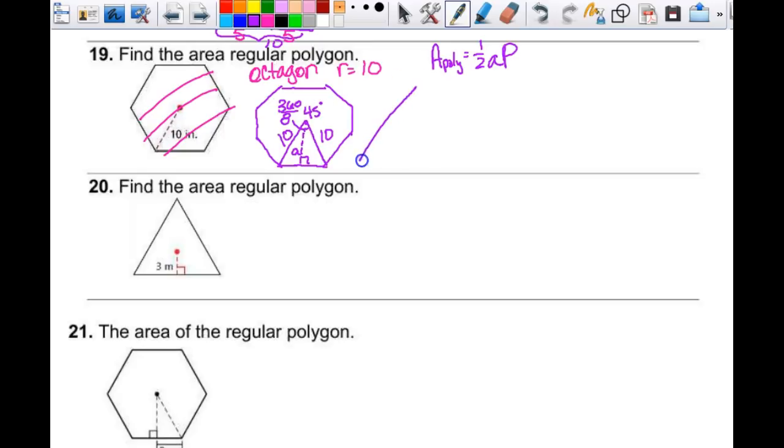So I'm going to redraw my triangle but bigger. So this right here, the whole thing is 45 degrees. This is 10, this is 10. This is my apothem, and I know that these are congruent here. So this does not give me special right triangles, even though that is 45, because I have to cut that in half.